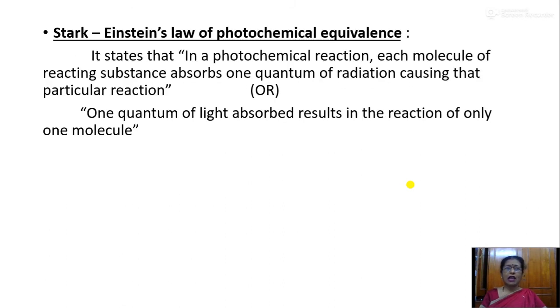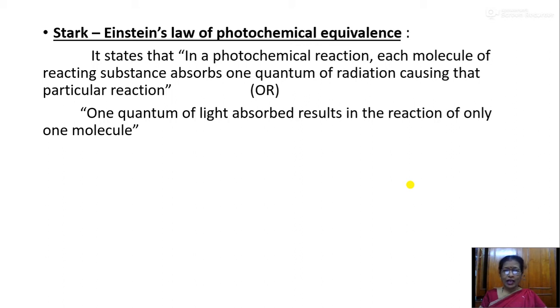Next is Stark-Einstein law of photochemical equivalence. It states that in a photochemical reaction, each molecule of the reacting substance absorbs one quantum of radiation causing that particular reaction, or one quantum of light absorbed results in the reaction of only one molecule.